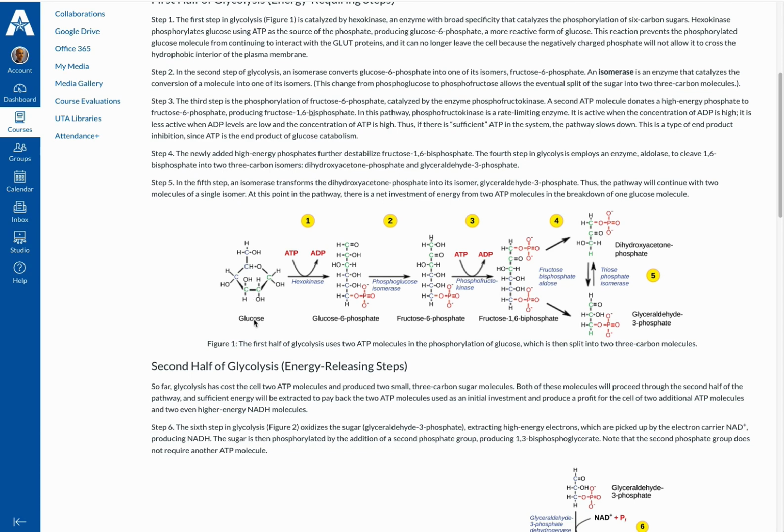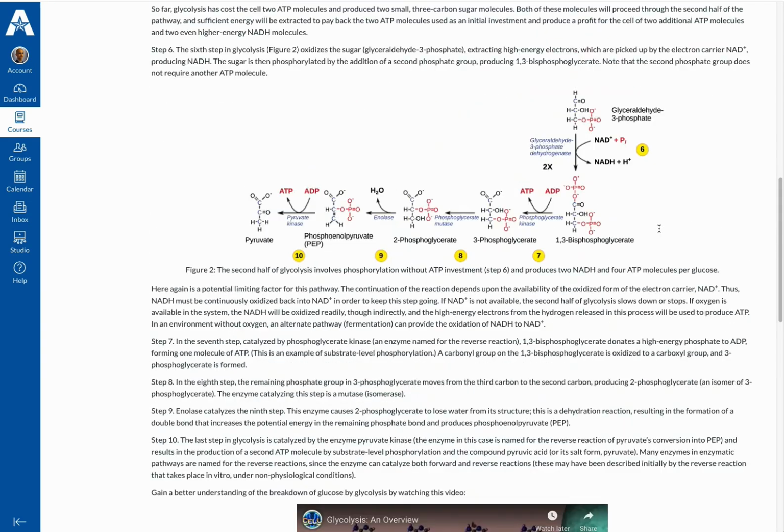And this glucose molecule, after 2 ATPs are invested, turns into fructose 1,6-bisphosphate, which is very unstable and will break down into glyceraldehyde 3-phosphate. And it's important to know that we get 2 of those. We get 2 glyceraldehyde 3-phosphates for every glucose.